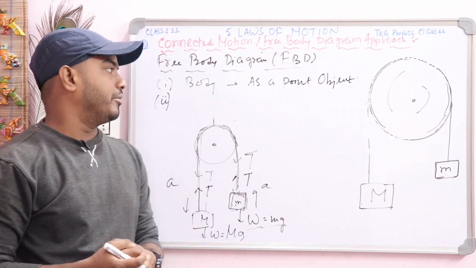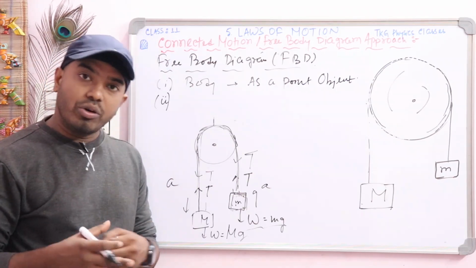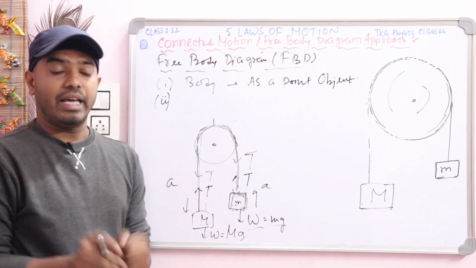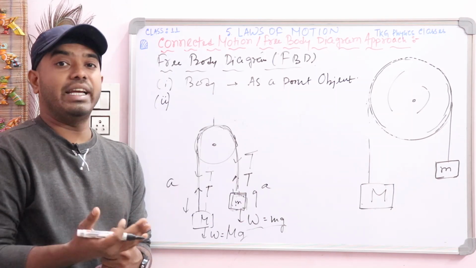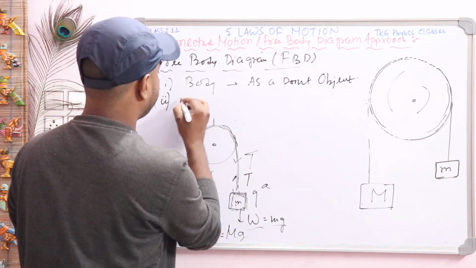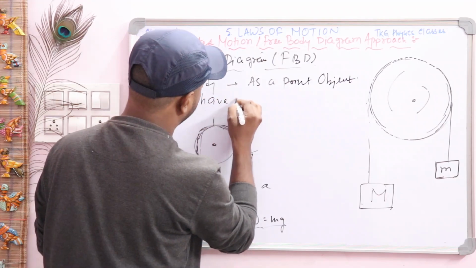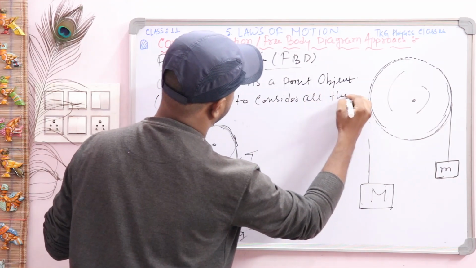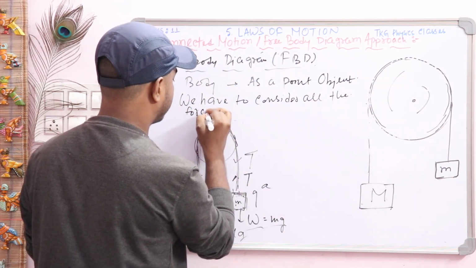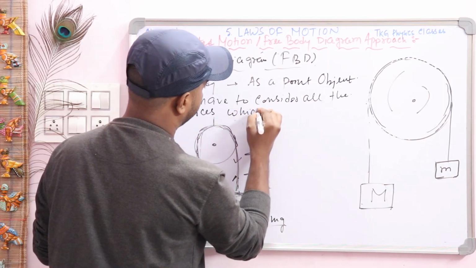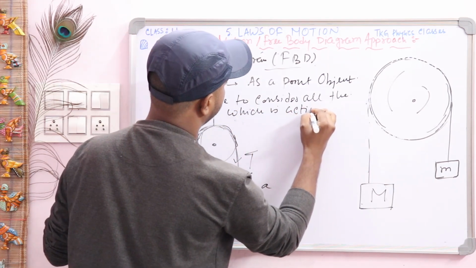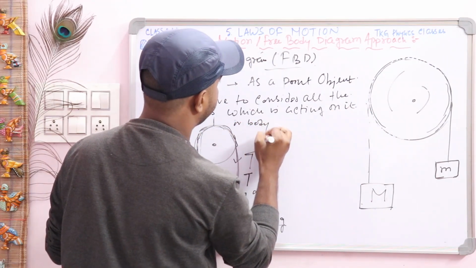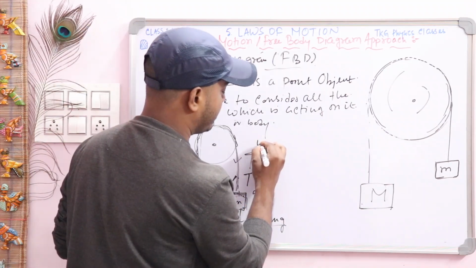Now second point, for a free body diagram, we have to consider all the forces which are acting on the body, acting on it, not forces by the body. And third point, write it.